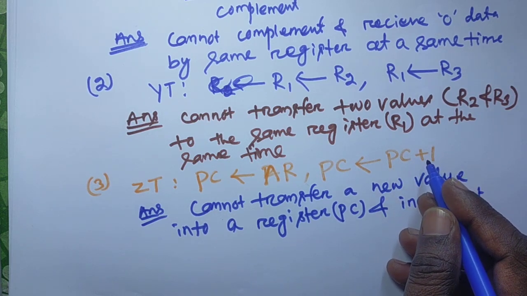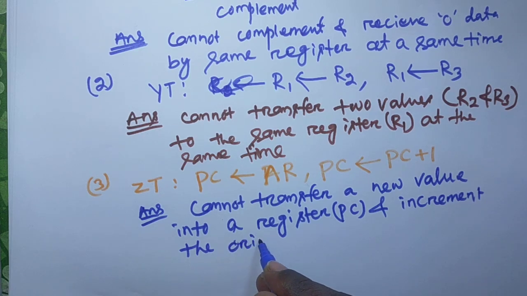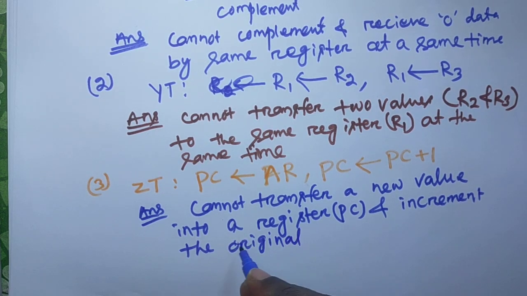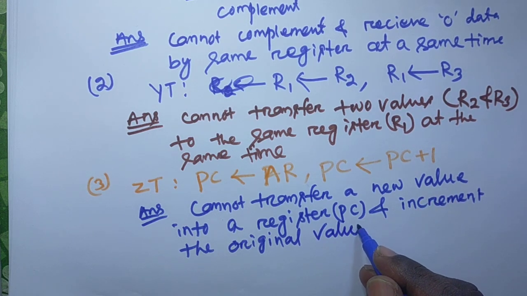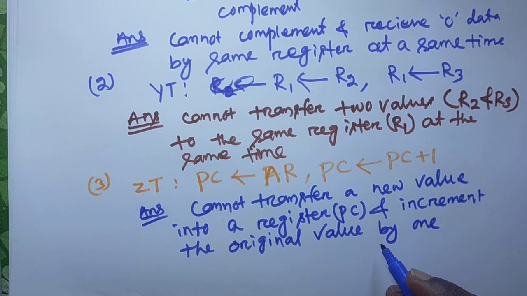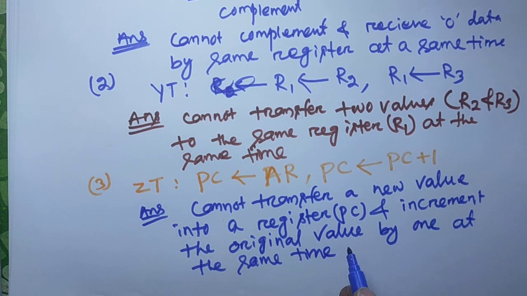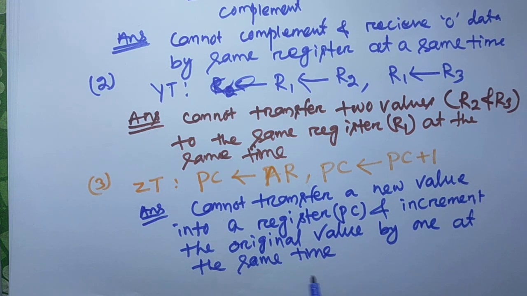PC will increment the original value by 1 at the same time. Not possible, because it cannot transfer a new value into a register and increment at the same time.